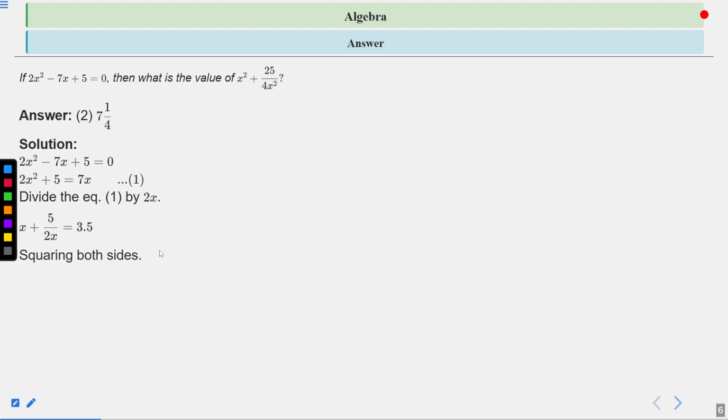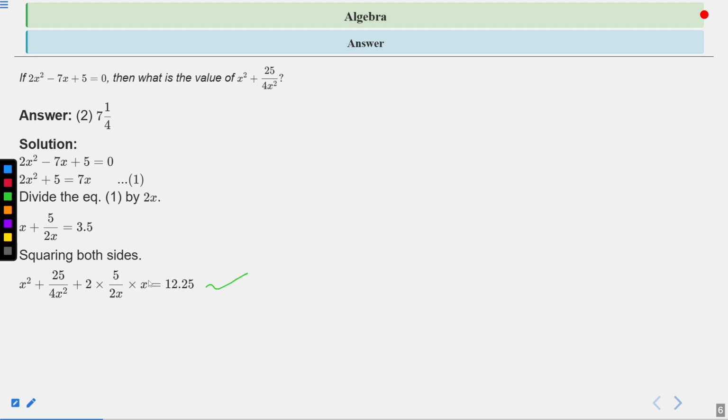Now squaring both sides, we use the formula (a plus b) whole square. So we get a square, which is x square, plus b square, which is 25 upon 4x square, plus 2 times ab, so 2 times x into 5 upon 2x, which equals 12.25.